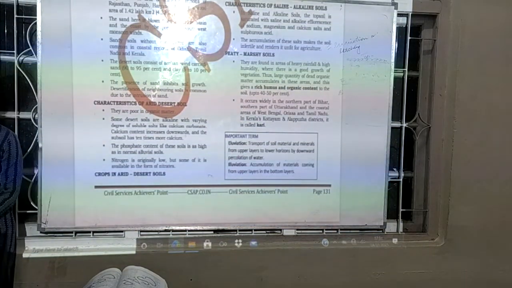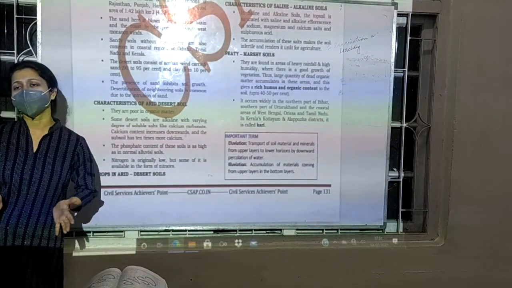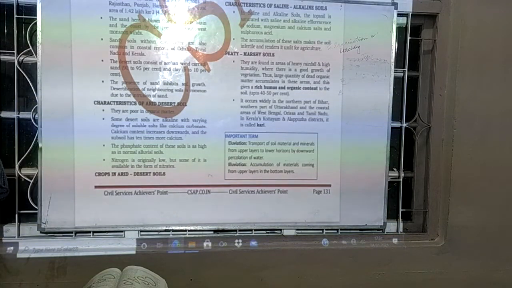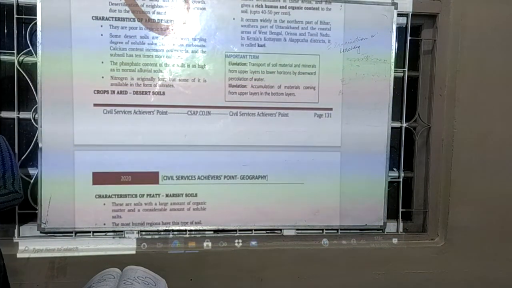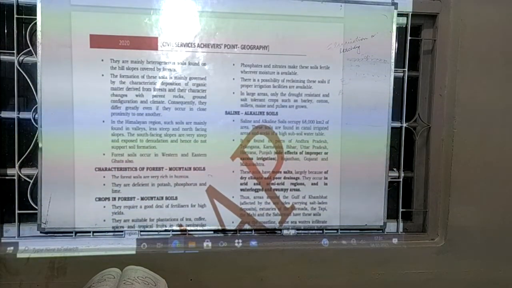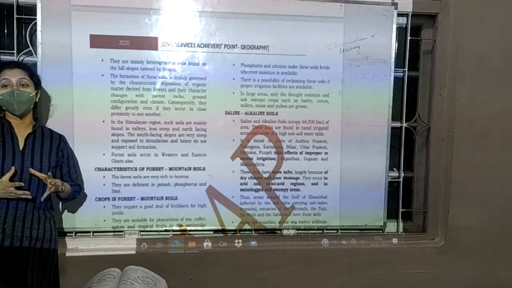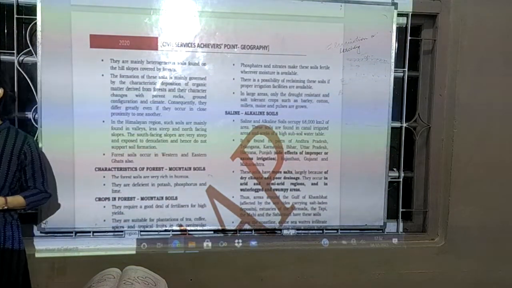So what will be the main feature? No organic matter, very poor. Then nitrogen is generally low. Again, it is low in most of the soils. Then some dry agriculture, dry farming.